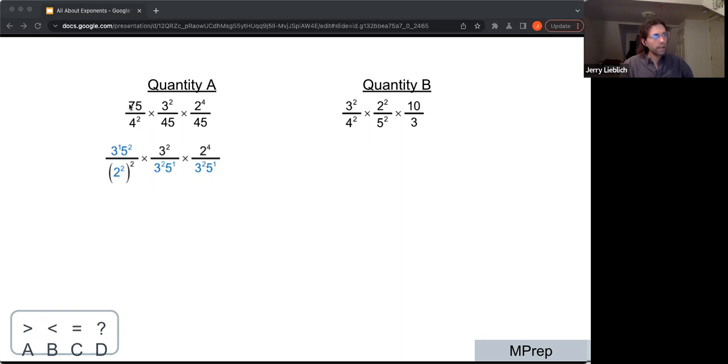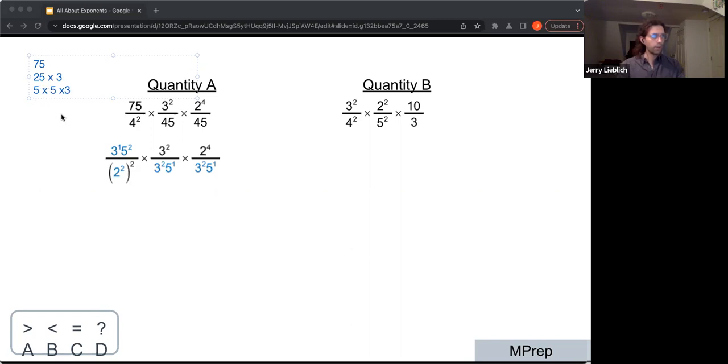If we do a prime factorization of these numbers, just to see how that's happening, we've got 75, which I can break down into 25 times 3. 3 is a prime number. So I can break down 25 into 5 times 5 times 3.